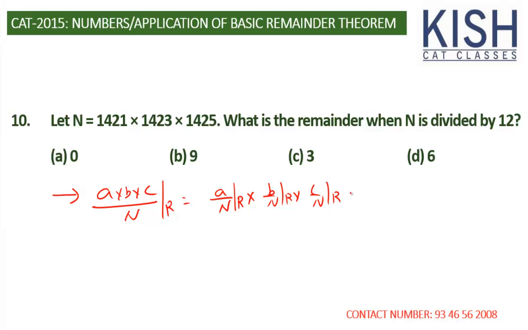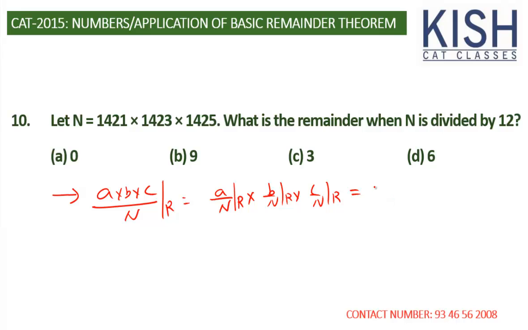That is, individual remainders. We cannot directly take it as A into B into C. But do remember, we can really apply this one. It saves a lot of time, and it's very flexible. It is not a shortcut, absolutely.